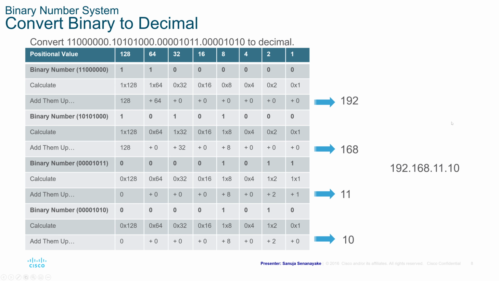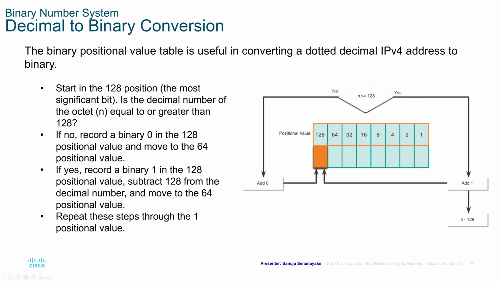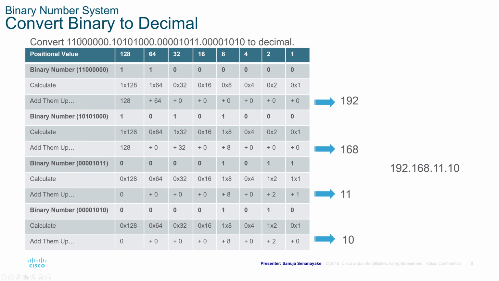So when we give our networking devices or end devices this 192.168.11.10 address, what it is actually reading is this value at the top. I'm going to go back. This value at the top. So let's convert that into the decimal format, which we understand, where we have 1, 2, 3, 4 octets.